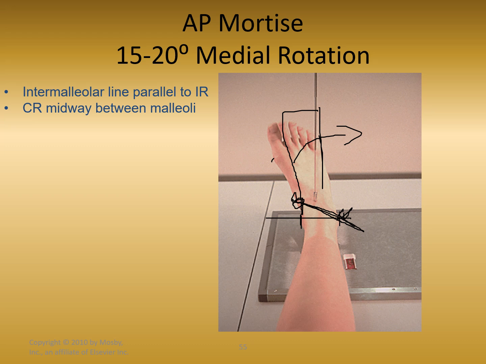From this view we can imagine that intermalleolar line better, how it would look with an AP position of the foot with the toes sticking straight up, the medial malleolus here, the lateral malleolus back here.